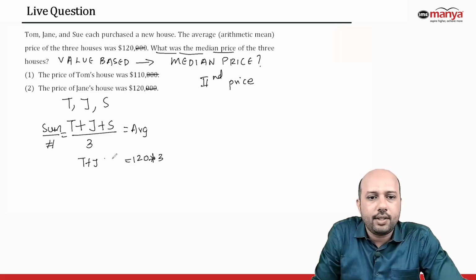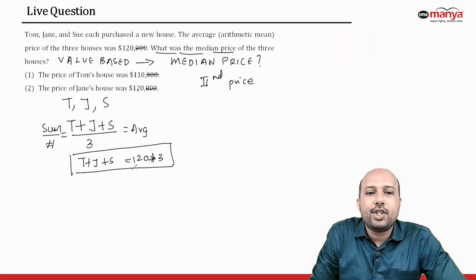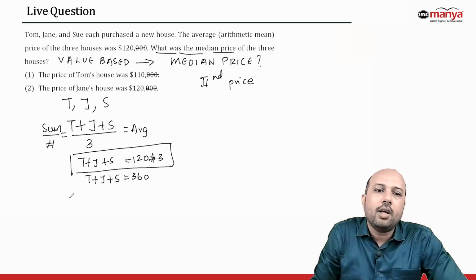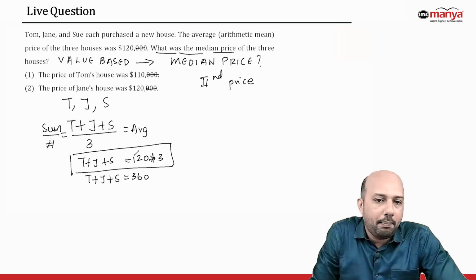That is the information we can get from the given data before we head into the statements. So T plus J plus S is equal to 120 into 3, which is 360. So the sum of the three house prices is 360. But still we need to find out the second price.